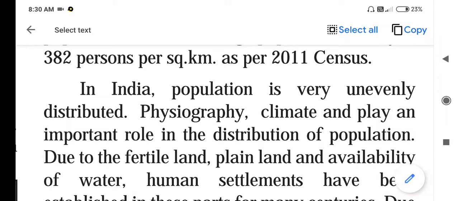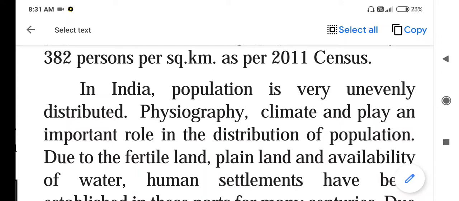In 1 square kilometer, suppose 382 people are living, but it is not compulsory that in all areas we will find 382 persons per square kilometer. It is unevenly distributed. Some places are there where less than 100 people will be found, and some areas where more than 382 people will be found. So that's why it is said to be unevenly distributed.